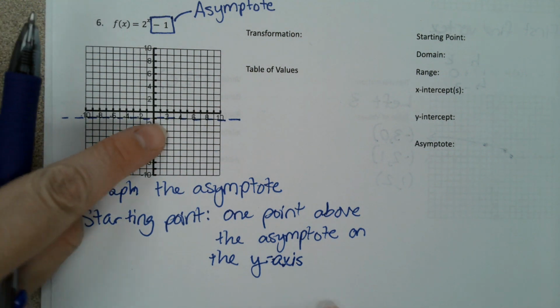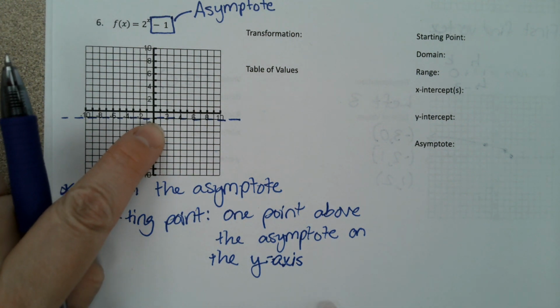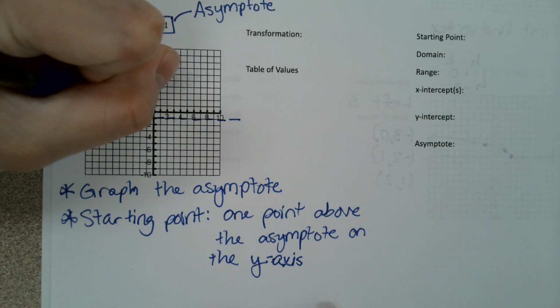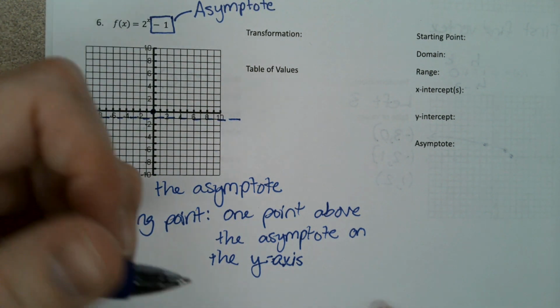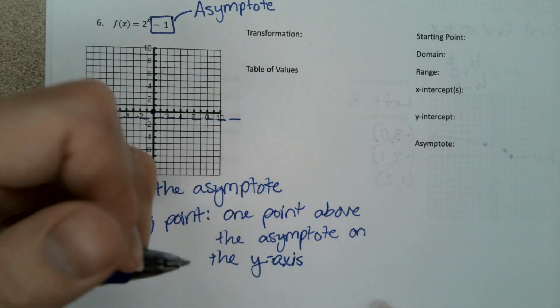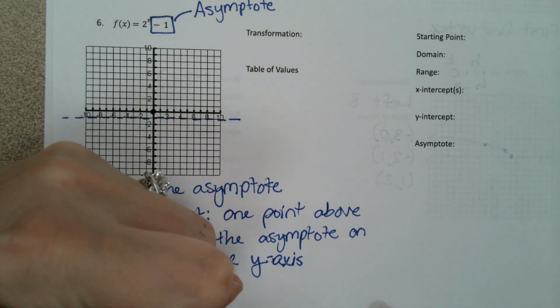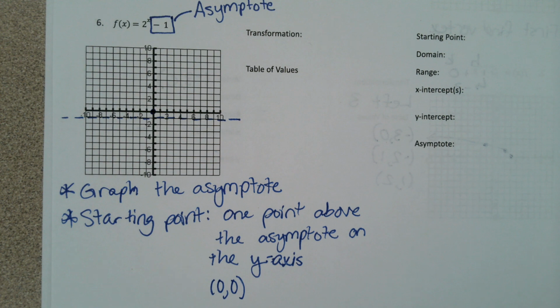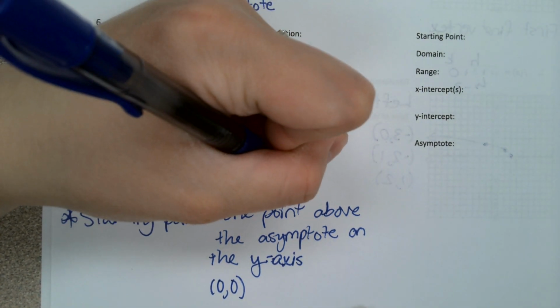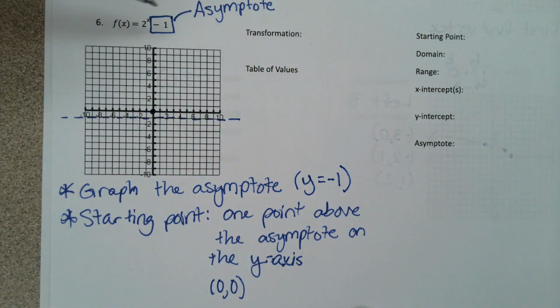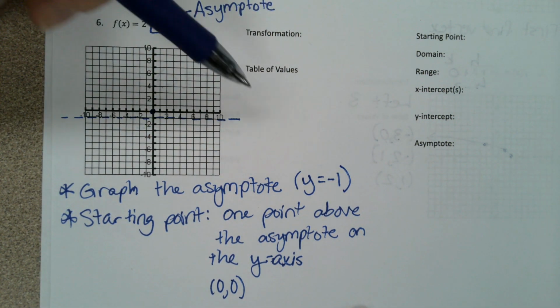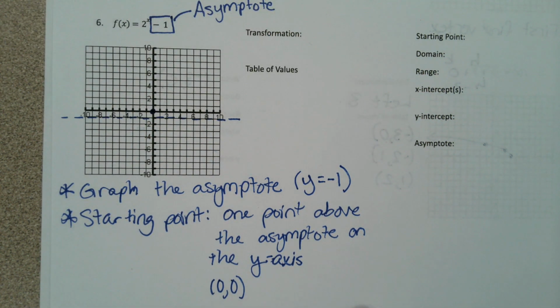So you go to the y-axis, the asymptote is at -1, so we go up 1, and 0, 0 is where our starting point actually is. The point itself is 0, 0. And the right way to write the asymptote is y equals -1. So not just -1, y equals -1. It is a whole line.